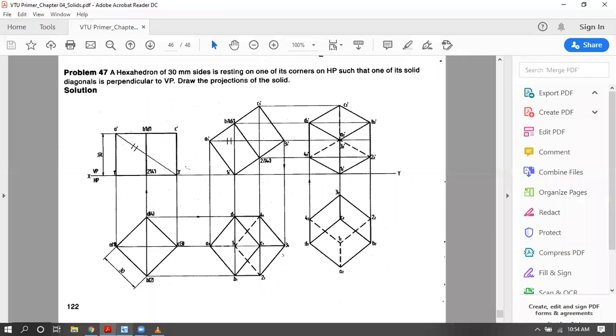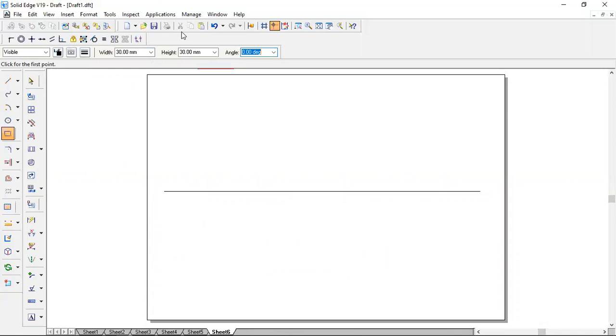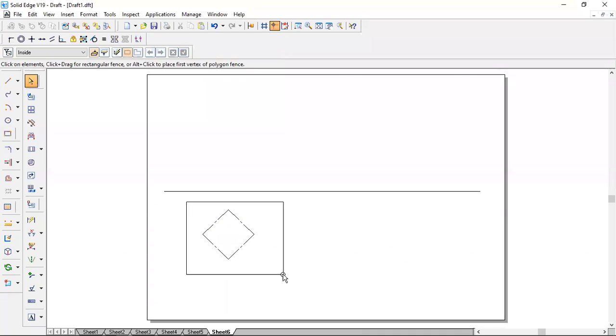So width is 30 and height is also 30. If you give 30, 30 and 0 angle, we cannot get the required orientation of the square, because as it is resting on a corner, the corner has to come on the right side. So if we give the angle as 45 degrees, with height and angle, then we get this kind of shape, which shows a cube resting on a corner.